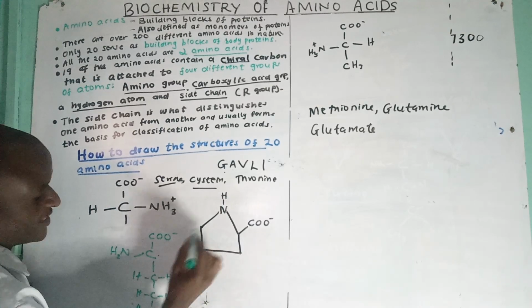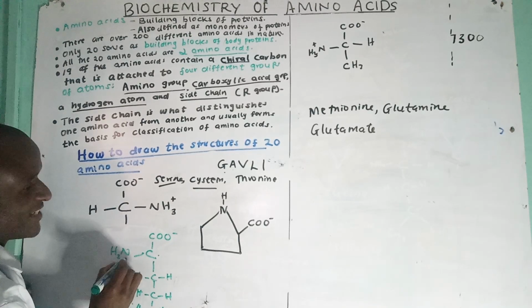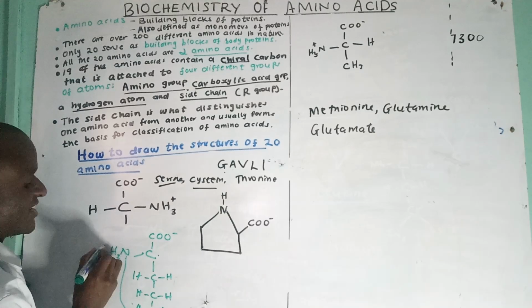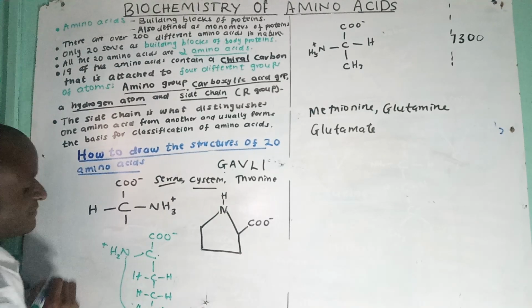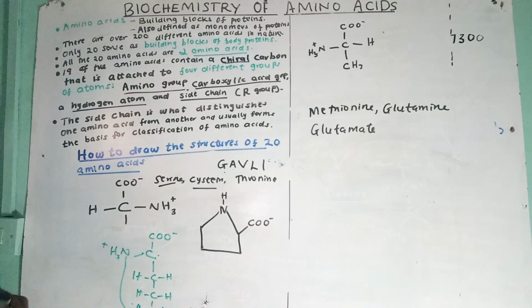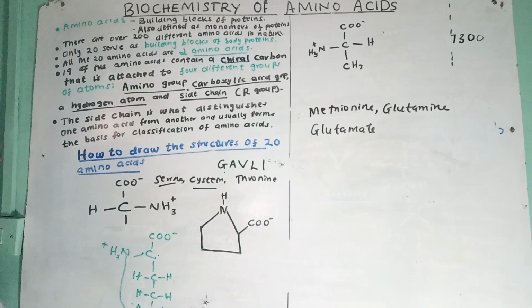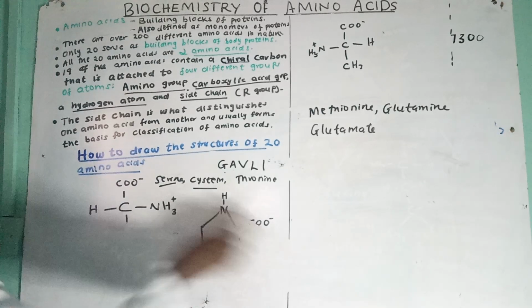And then this CH2 is the one that is attached to the amino group like that. That's why it becomes cyclic. Thank you very much. That's how to draw the amino acids.